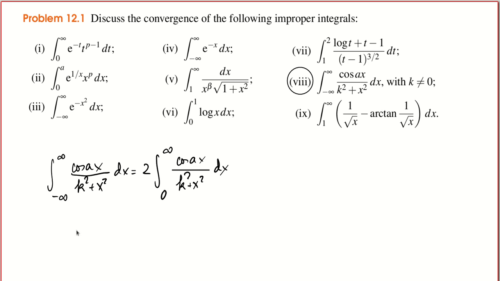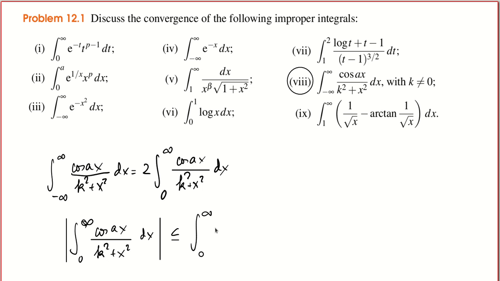All right, so let's see what we can do. What we're going to do is to analyze what is the absolute value of this integral here. Because if we can find an upper bound to this absolute value, then we know that this integral converges, right? Okay, we know that this absolute value is smaller than or equal to the integral of the absolute value of this function, which is the absolute value of the numerator here, over k squared plus x squared dx.